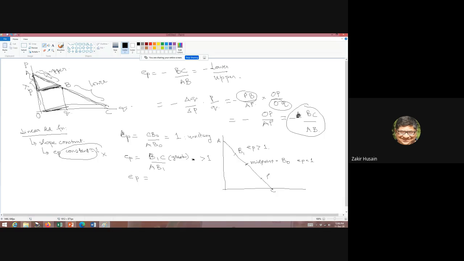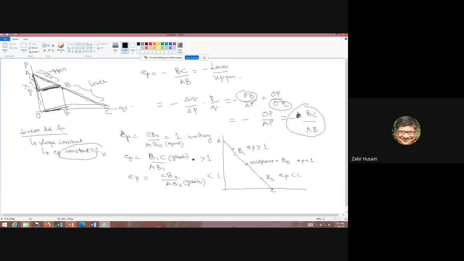On the other hand, if you take a point like B2, you have this, right? So that means elasticity varies at all points.